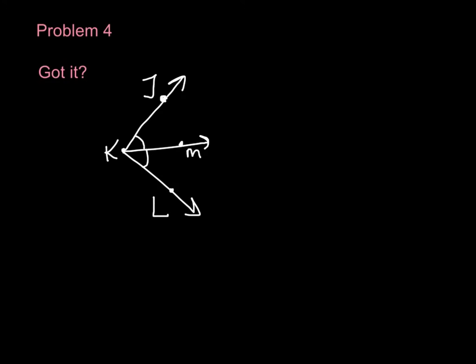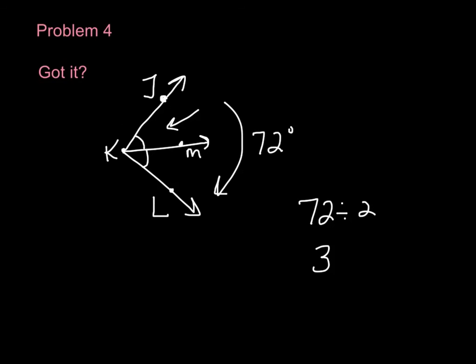The measure of angle JKL, the whole angle, is 72 degrees. What's the measure of that angle? If it bisects it, it cuts it in half. So 72 divided by 2 gives me 36 degrees. That's it.